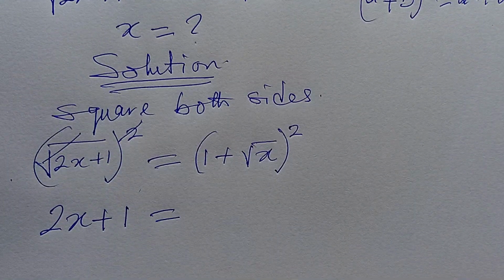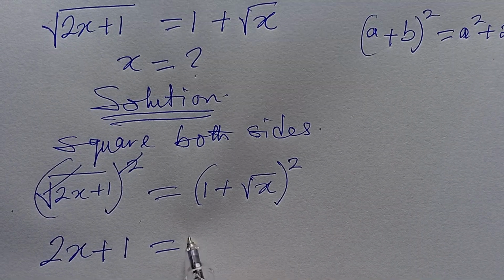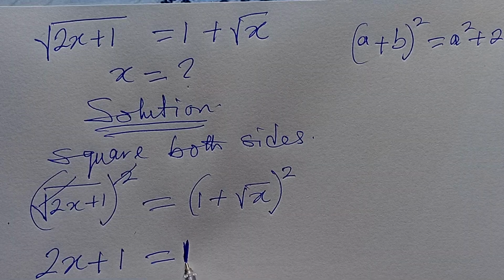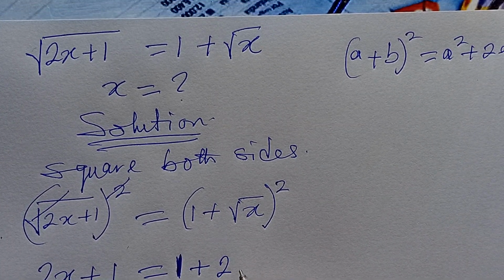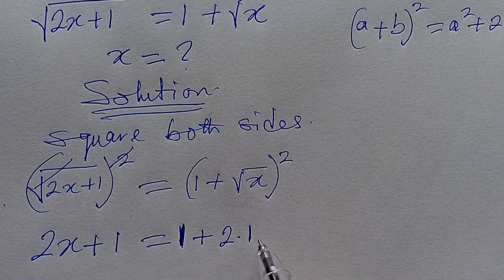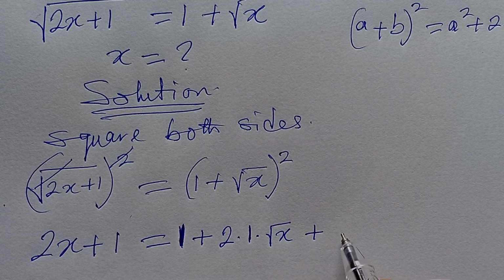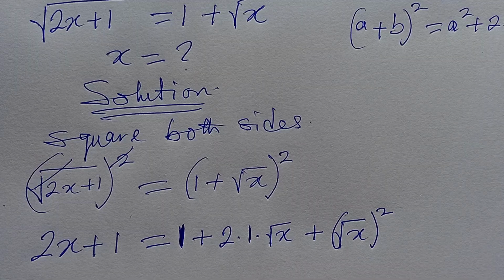Okay, so if we apply this here, this is going to give us our 1 to the power of 2, which is same thing as 1. Then plus 2 times 1 itself times the square root of x, then plus the square root of x all raised to the power of 2.